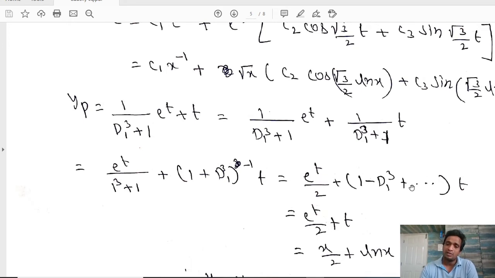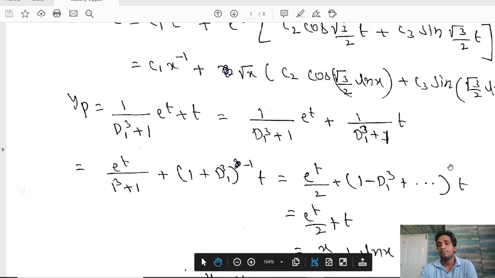I am not writing all those terms. Why? Because here the term is only t. 1 into t will become t, and D1 cube of t means derivative 3 times of t. One time will be 1, second time will be 0. So no need to write all those terms. That's why I'm skipping them. So e power t by 2 plus t into 1, remaining all zeros.